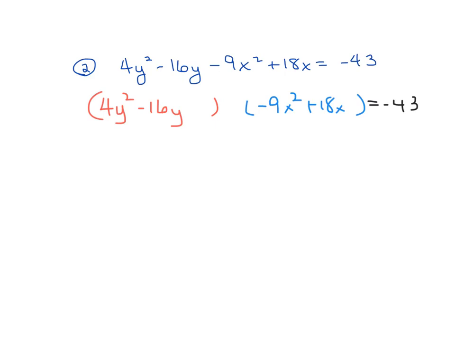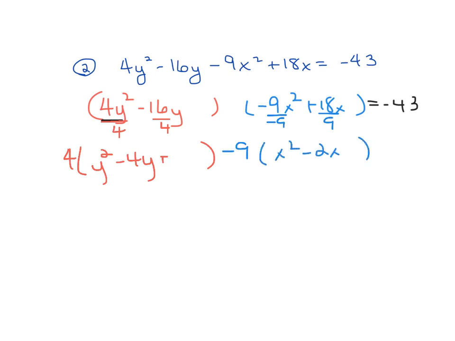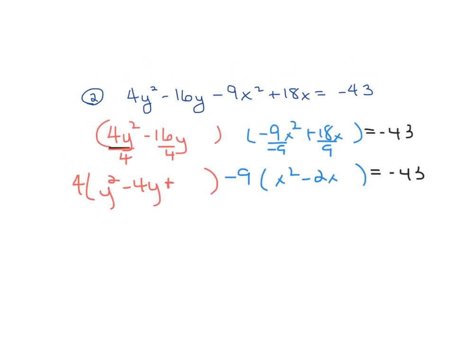So again, the coefficient in front of the y squared and the x squared needs to be 1. So I'm going to divide both of these by 4. So 4, and then y squared minus 4y, blank space. Over here, divide everything by negative 9. So x squared minus 2x, blank space, equals negative 43. Again, we need to take that b term, divide it by 2, and square it.